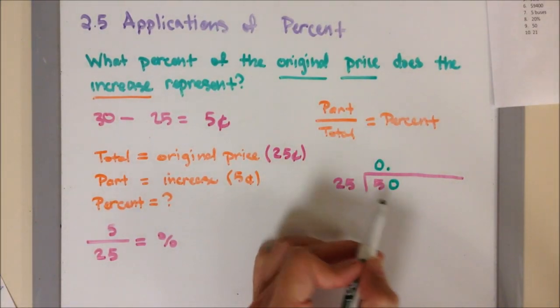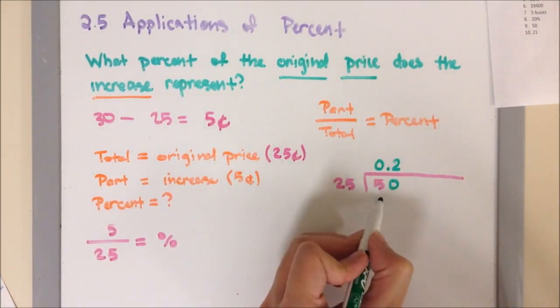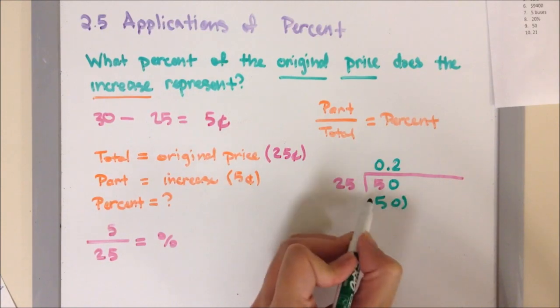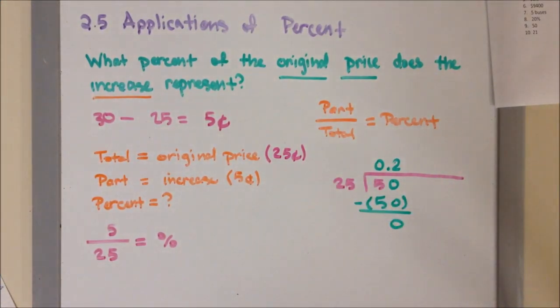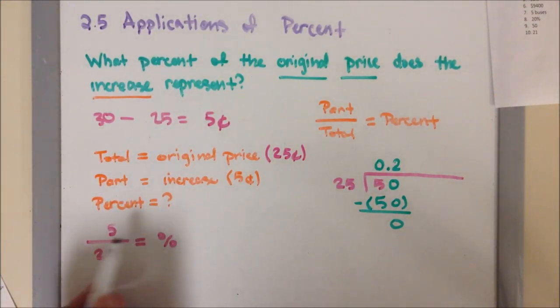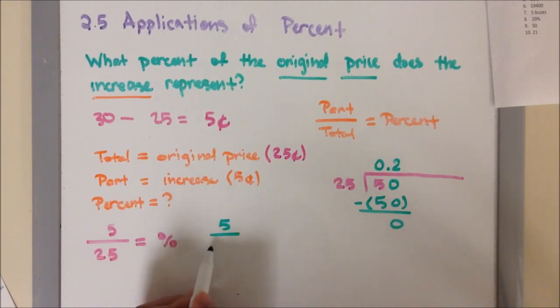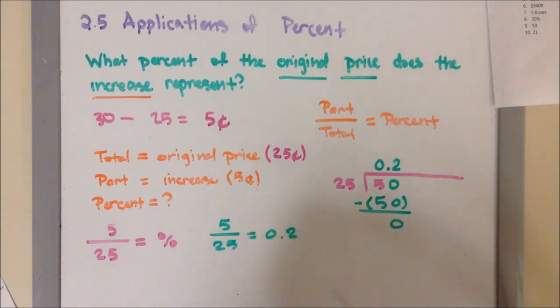Now 25 can go into 50 2 times. So 2 times 25 will be 50 exactly. So minus, my remainder is 0. So 5 divided by 25 will equal 0.2.